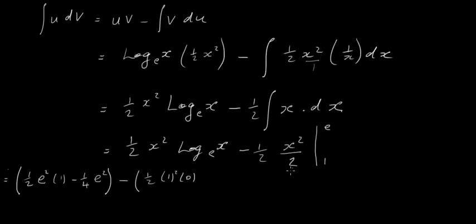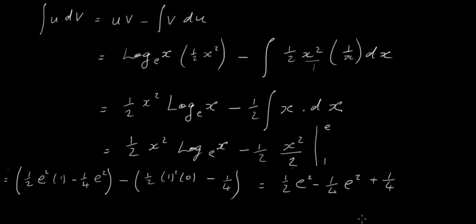And over here then we have 1 over 4 times 1 squared, so that's just simply going to be minus 1 over 4. Okay, so now we've substituted our e and our 1 in, and what we end up with is a half e squared minus a quarter e squared plus a quarter.